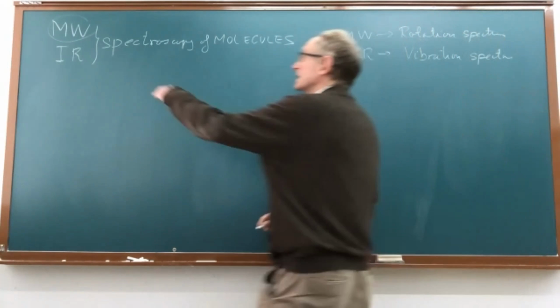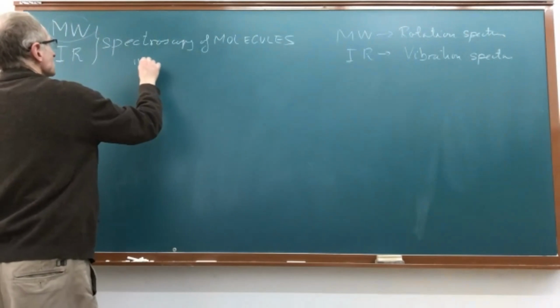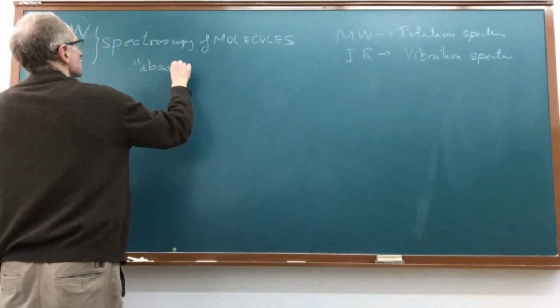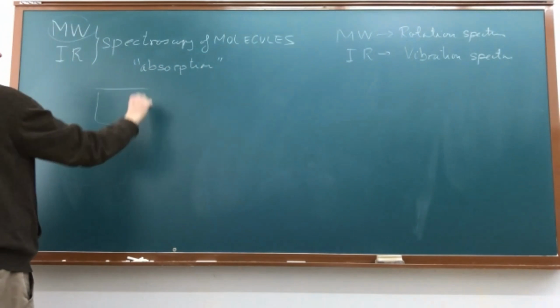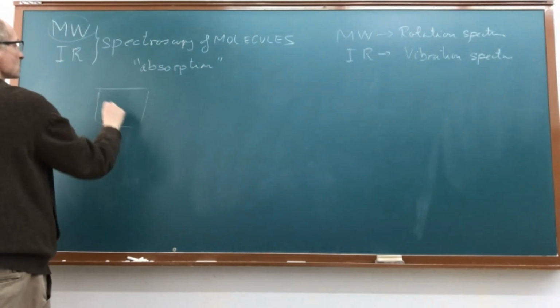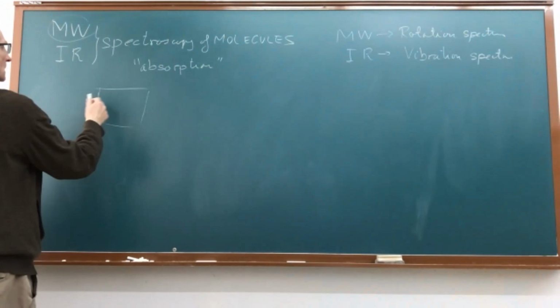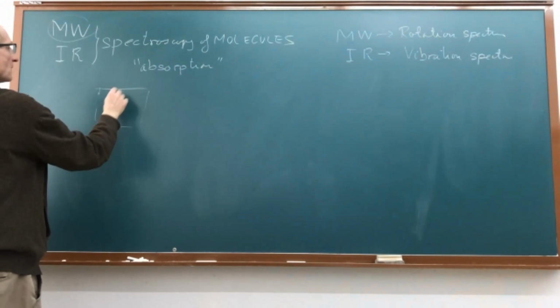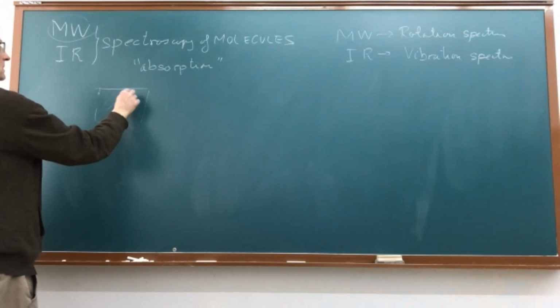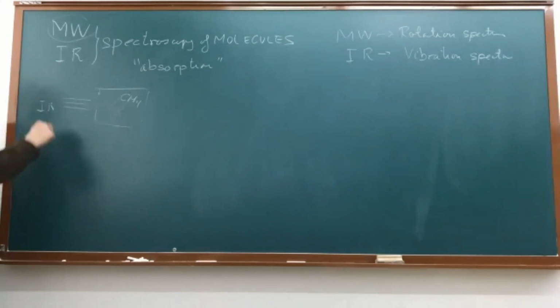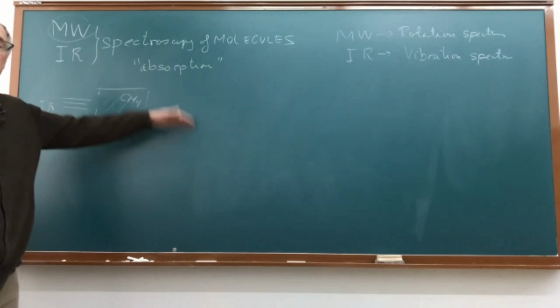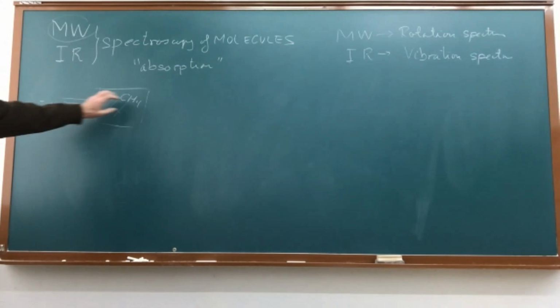And both of these techniques are mostly absorption. Basically, I have a gas with molecules. I mean, probably this can also be done with liquids, but I don't really know the experimental details. You have a gas with molecules, some CH4, and I shine here some infrared light, and I observe some absorption. Okay, part of this infrared light is absorbed.